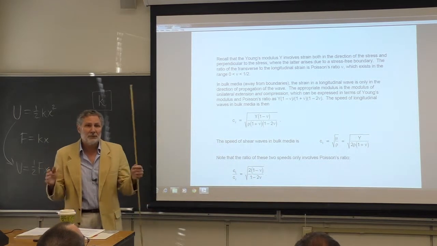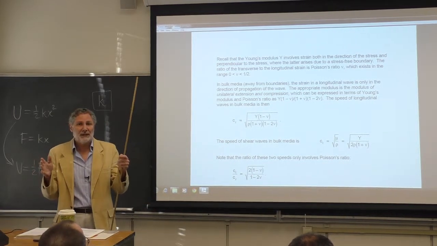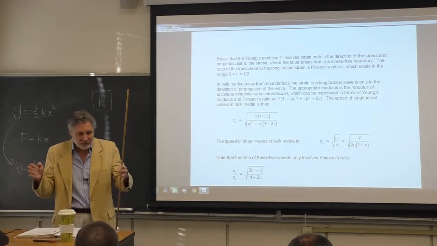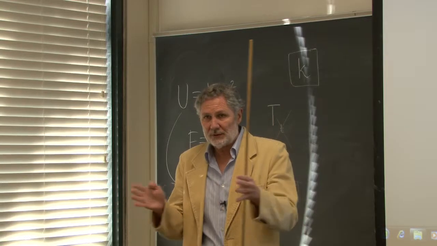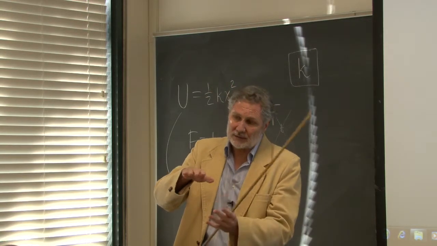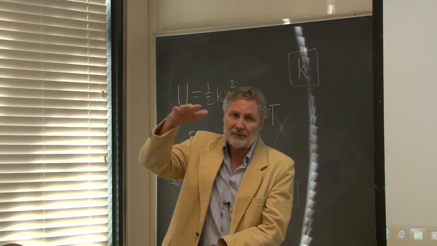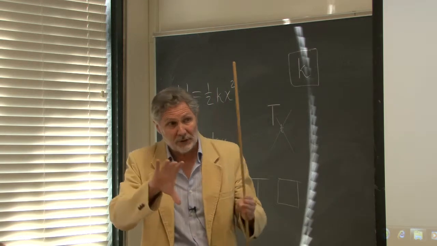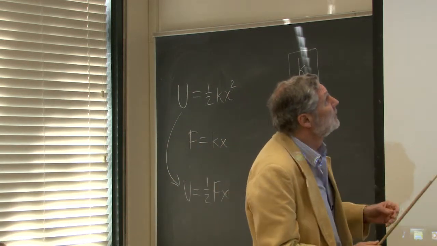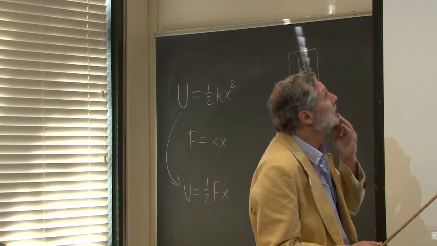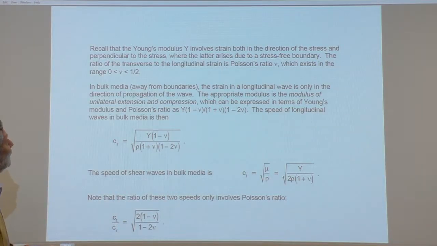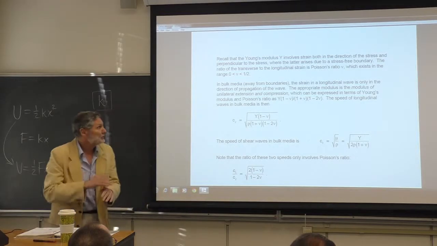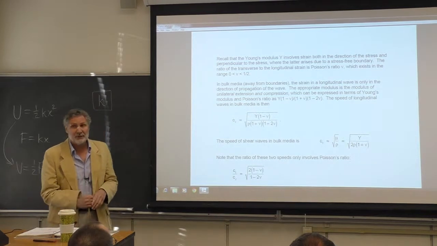When you have Young's modulus, that elastic modulus involving this compression and extension, the boundaries are allowed to freely change. So when you compress it here, you have bulging, and vice versa. And the transverse motion is quantified by the Poisson's ratio.